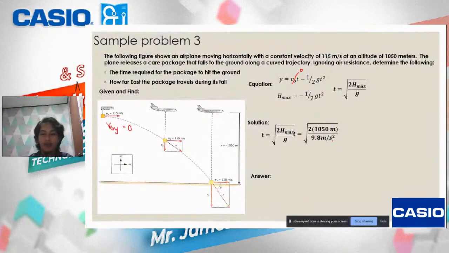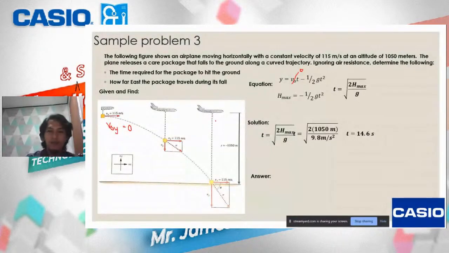So let's say kung ganun din yung ating sagot. So 14.6. So that is the time it takes for the package to hit the ground. Okay? So ito din yung time na na-reach ng ating box papunta dito. So since pareha sila ng time, time lang din ang nag-connect sa ating dx at saka dy.